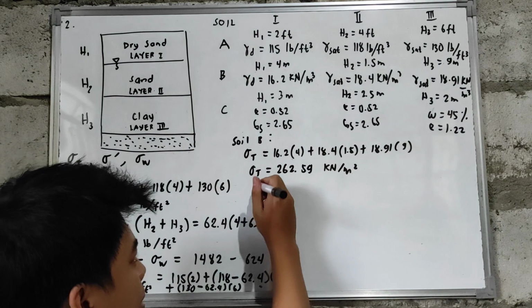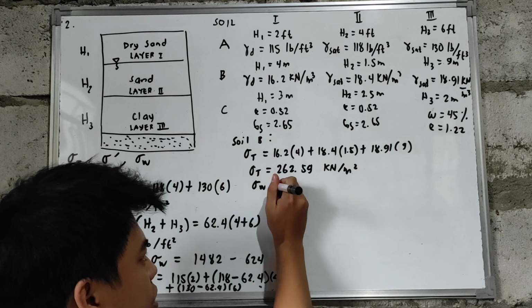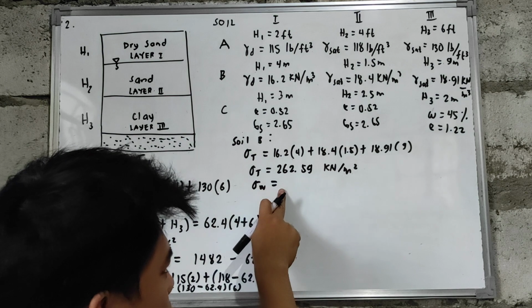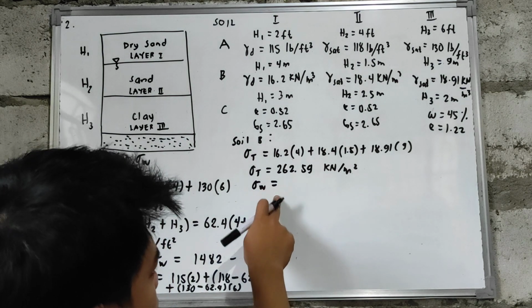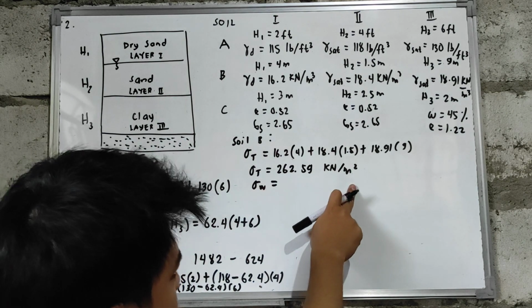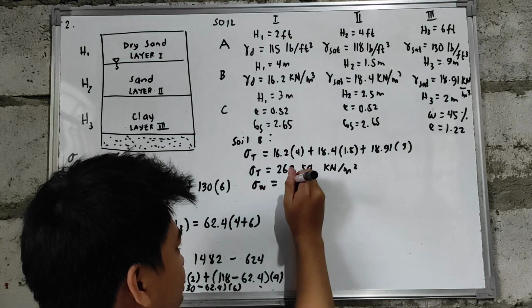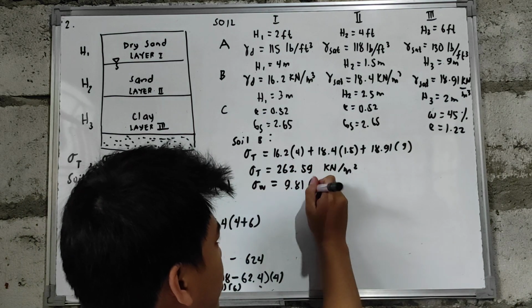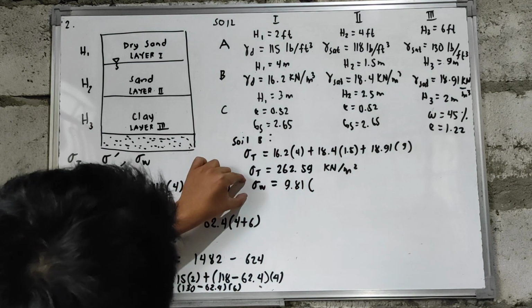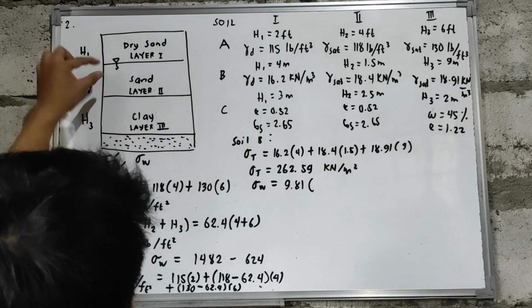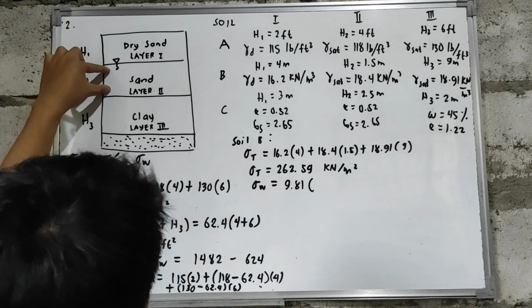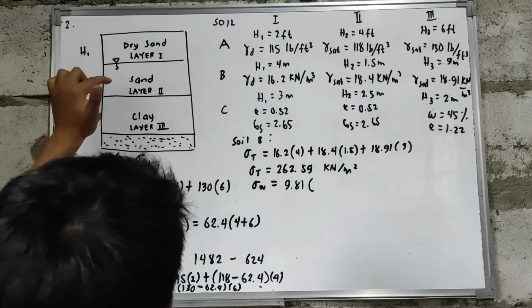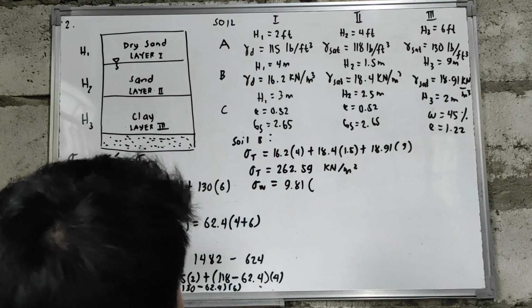Next naman, paano naman natin kukunin yung sigma W? So, imumultiply natin yung unit weight ng tubig. Since it is in kilonewton at saka meter, gagamitin natin is 9.81 kilonewton per cubic meter multiplied by heights ng mga soil na merong tubig. So, sa H2, meron niyang tubig, at saka yung H3, meron niyang tubig kasi nga saturated yung sand at saka yung clay.